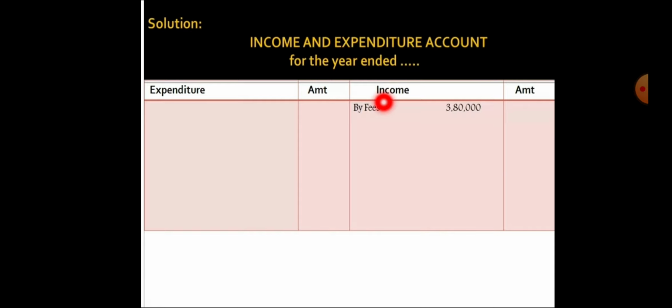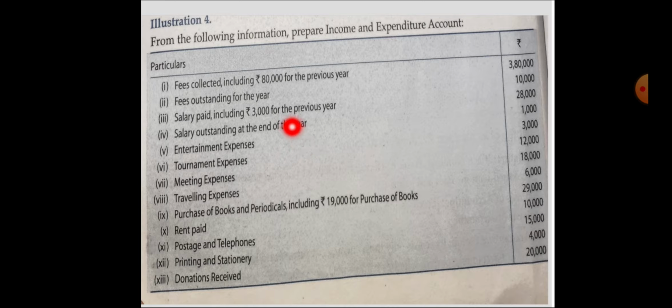Credit side is of income and debit side is of expenditure. Because fees collected is our income, you record fees on the income side. The amount which you have received is 3,80,000, that you will write first. Then as it is mentioned that 80,000 is of the previous year, that will be deducted from that.